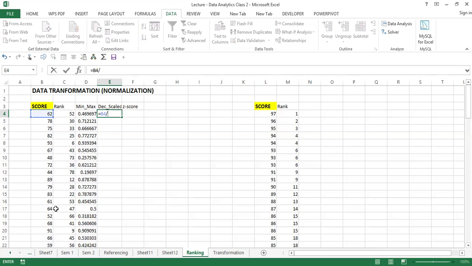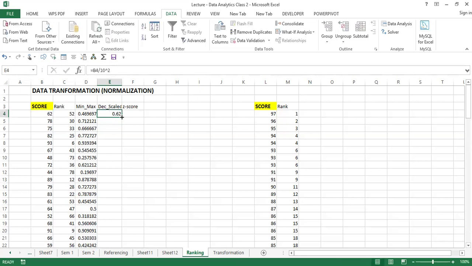And n is chosen such that it will be the number that will drop the answer such that it will not exceed 1. The absolute value will not exceed 1. Okay? So in this case, that will be what? That will be 10 to the power of what? That will be 10 to the power of 2.